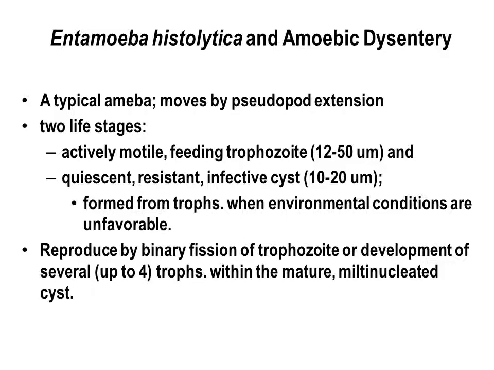It reproduces by binary fission of the trophozoite, or by development of up to 4 trophozoites within the mature multinucleated cyst.